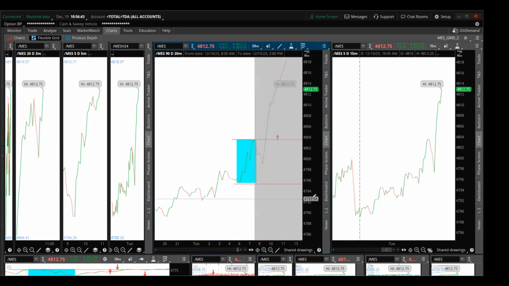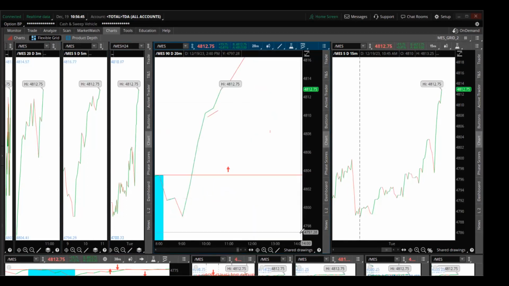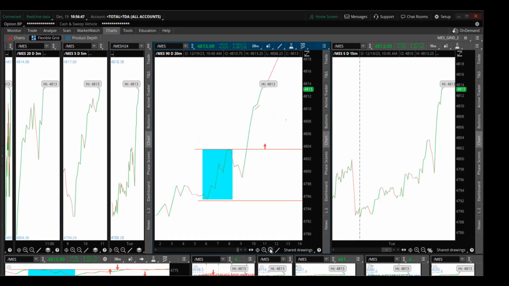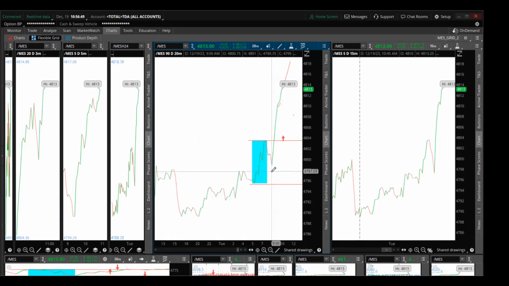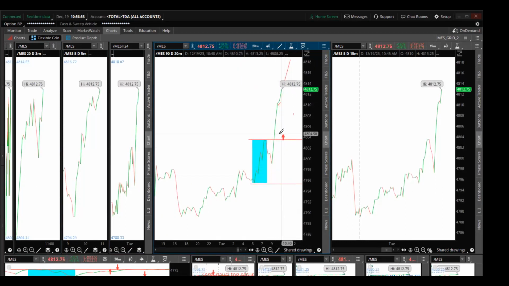Now, it's a little bit too early to tell, but it'll give you a warning that if the slider fractal keeps progressing here and the lower leg is equal to the higher leg, that's a definite stop approaching.